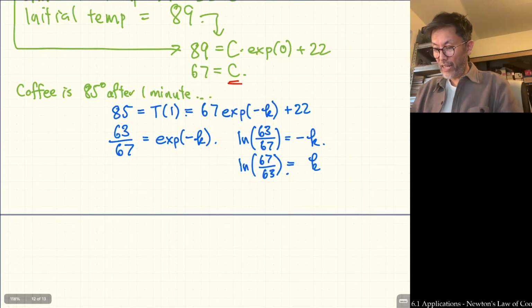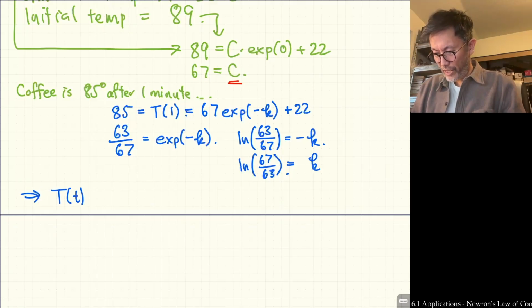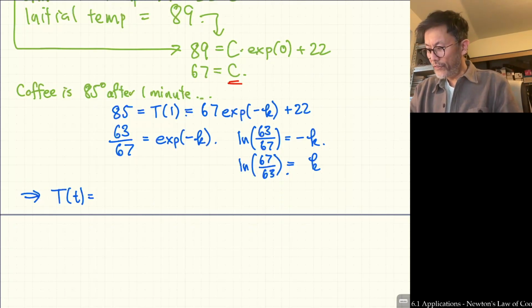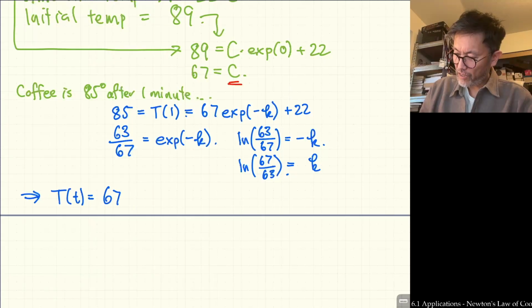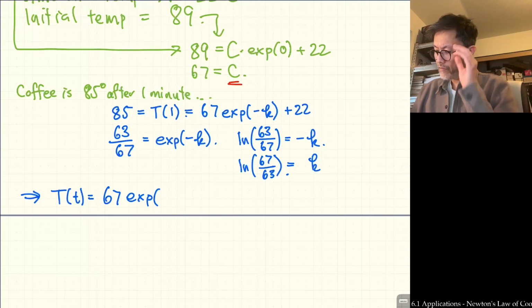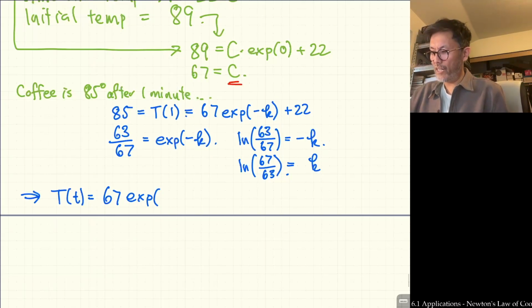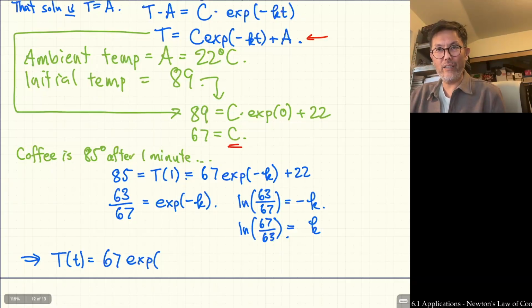So what this says all together is that I know what T of t is for my cup of coffee. T of t is equal to 67, that's C, times exp of... Maybe I shouldn't have even done that because negative k is what's in the general solution.